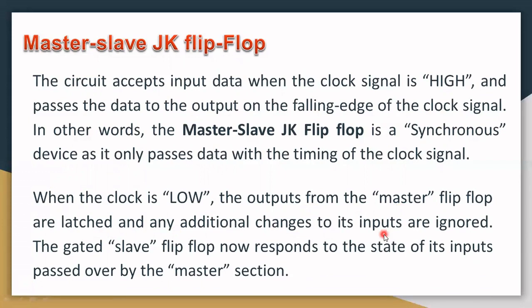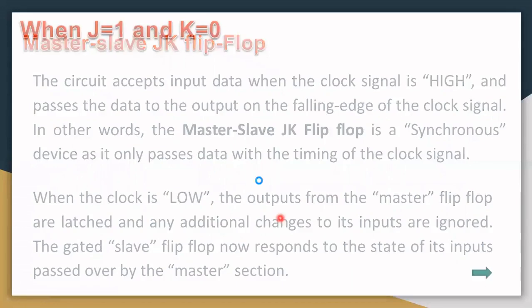So, when the clock pulse is low, or during the negative triggering, the slave gets activated and the master gets inactivated. Therefore, the additional changes to the input get ignored. So remember, the slave just copies the output of the master.